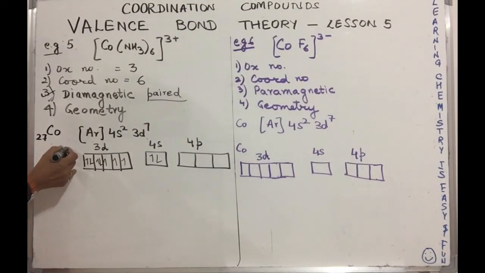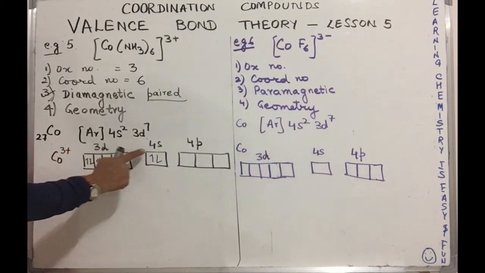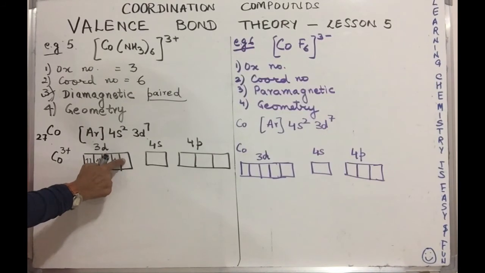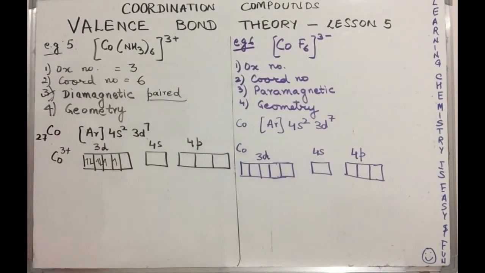Oxidation number 3 means it loses how many electrons? 3 electrons. 1, 2 and 3. Does it still have unpaired electrons? Yes, it still has unpaired electrons. But it is showing diamagnetic behavior. If it has unpaired electrons, it should be paramagnetic.